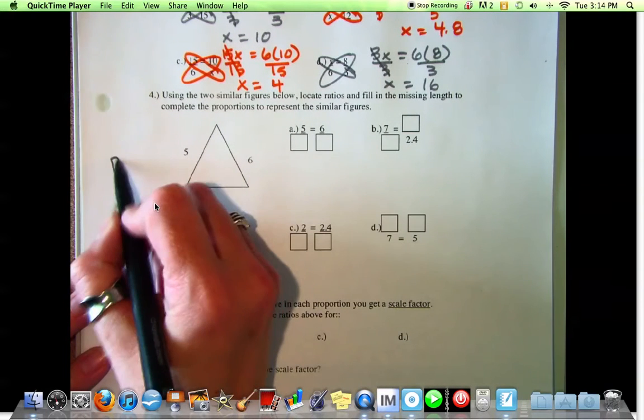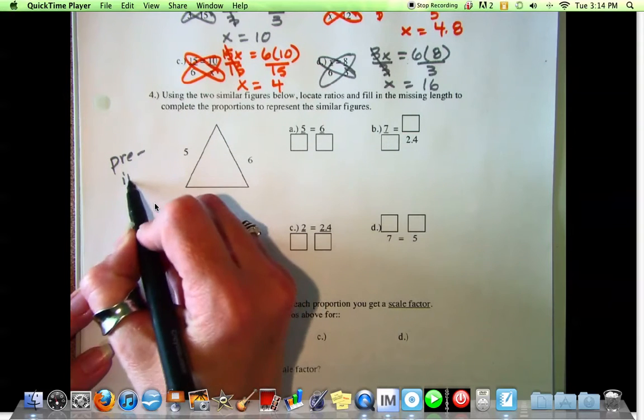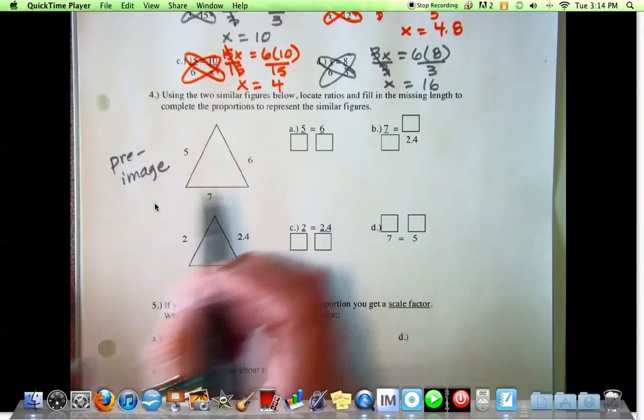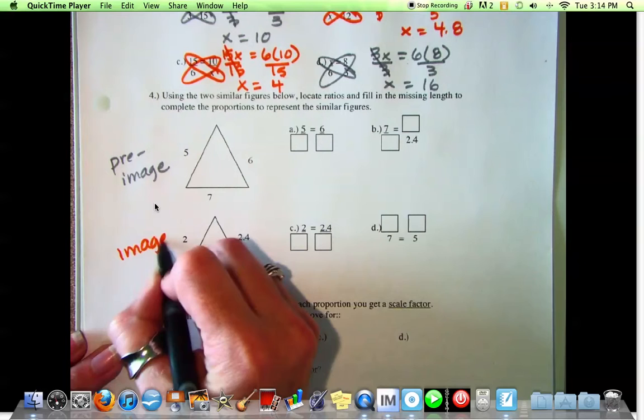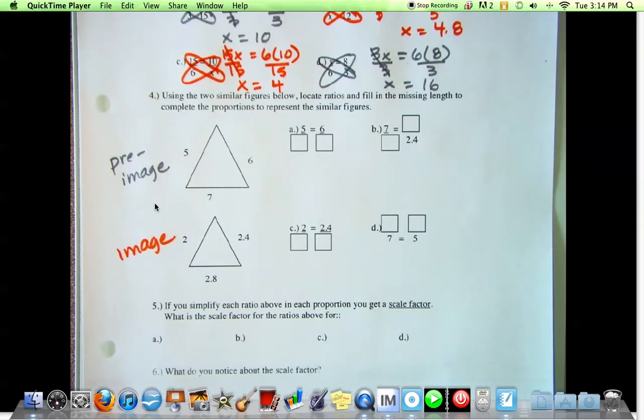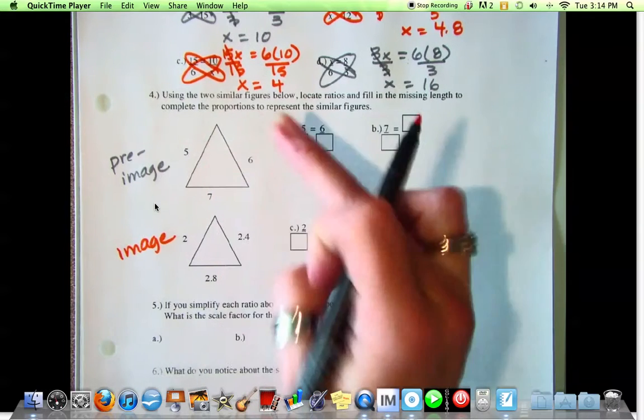So this is what we call the pre-image, and this is the image. It's like looking in the mirror. You are the pre-image. What you see in the mirror is the image. That's your reflection. That's the second item. You are the first item. So typically, you'll see the pre-image on the left, image on the right.